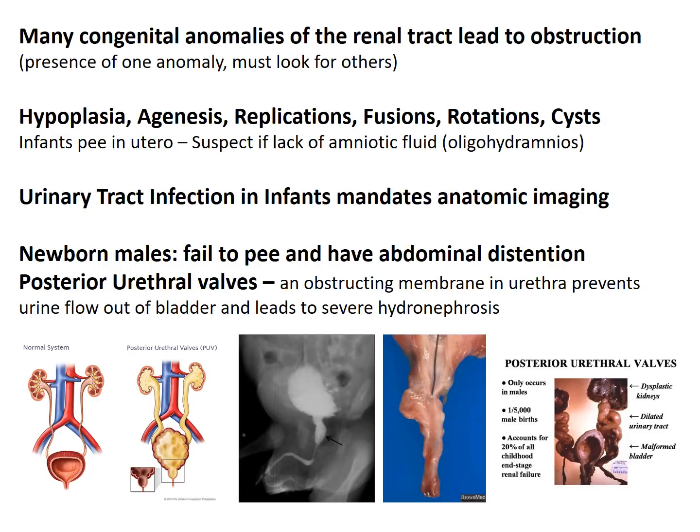So in a woman who's pregnant, who's found to have a lack of amniotic fluid in ultrasound testing, that could be due to an underlying renal malformation in the fetus, some type of congenital anomaly that's leading to them not peeing, and therefore you get a lack of amniotic fluid.